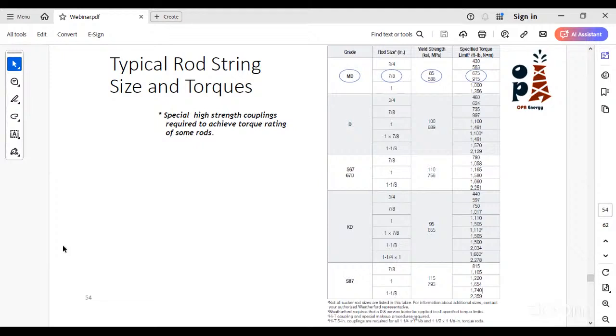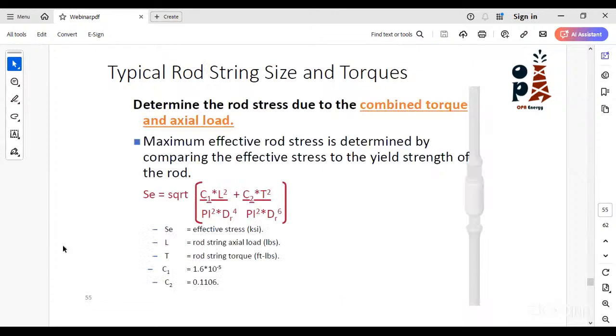Also, the torque requirements: calculating the torque, the hydraulic torque and the friction torque. We will have it in the course because we have limited time. But as an example, the effective stress is a square root of an equation that combines the torque load and the axial loads, also taking into consideration the minor and the major diameter of the rod that we are applying.